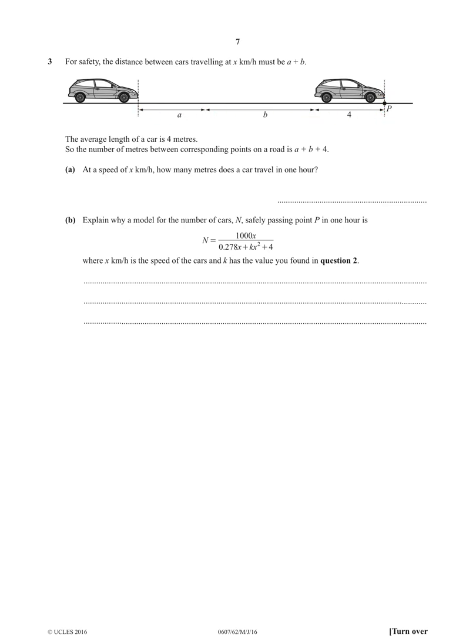Okay. Explain why a model for the number of cars n safely passing point P in 1 hour is n equals 1,000x divided by 0.278x plus kx squared plus 4. Now this is a funny question in many ways, because it's just asking us to explain why.